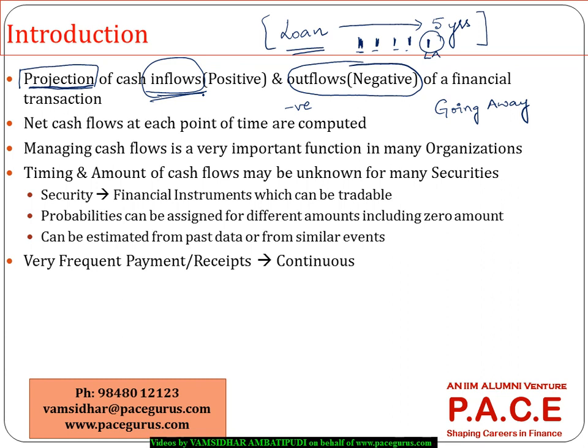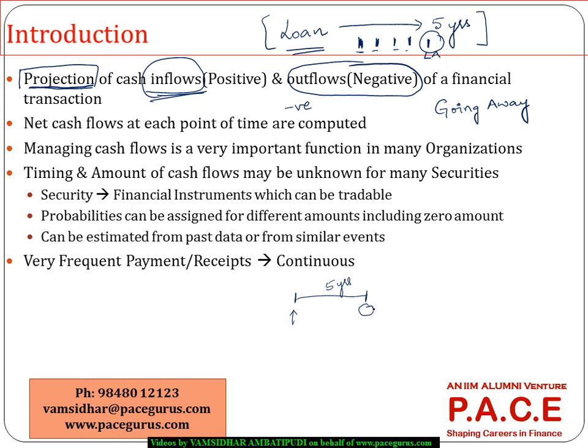How well we are able to build those cash flows from the various investments matters, because in some cases the future cash flows are known. Like if I do a fixed deposit in a bank for 5 years, on the day I am doing the fixed deposit itself, the bank will mention the amount I will receive on the maturity date after 5 years.